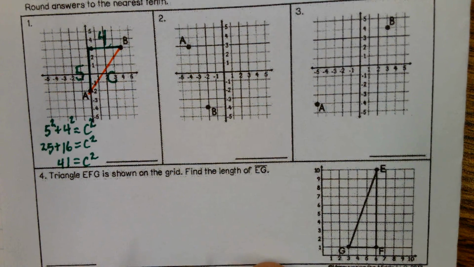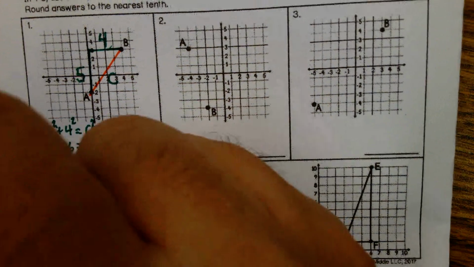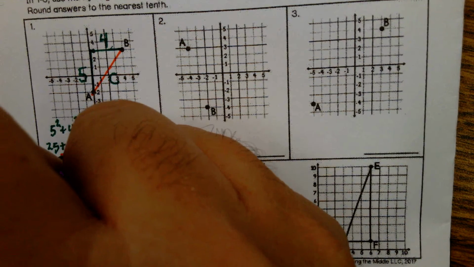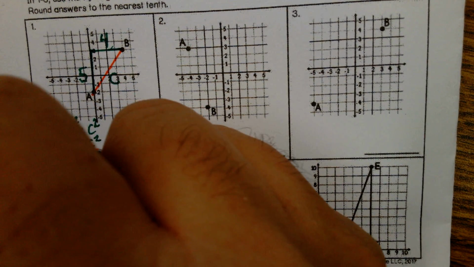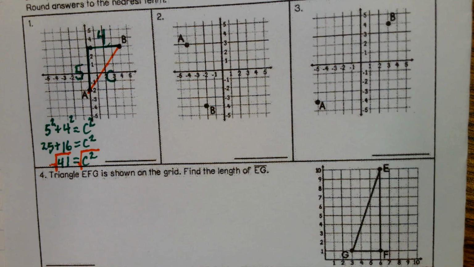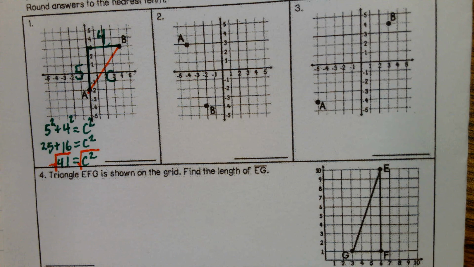What should I do now? Yeah, square root of 41. Square root of 41. And so that shall give me, well, I have it here already. We want to round this to the nearest tenth though.